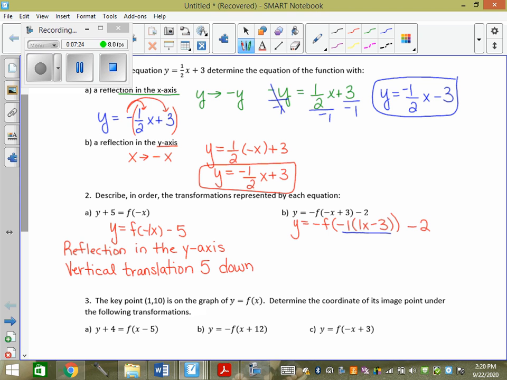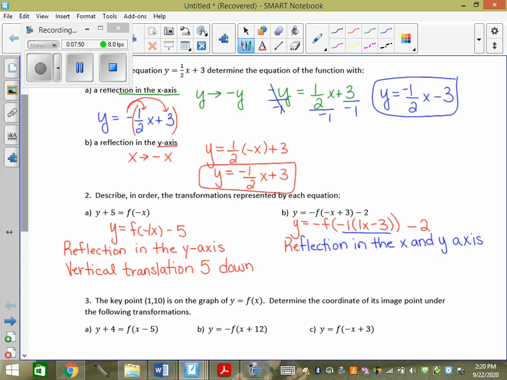So once I've done that, then I can do my transformations. There's no stretches because there's no number in front of the f and there's no number in front of the x. There's a reflection in both and you can put them together. So you can say a reflection in the x and y axis. You can write them separate too, it doesn't matter.